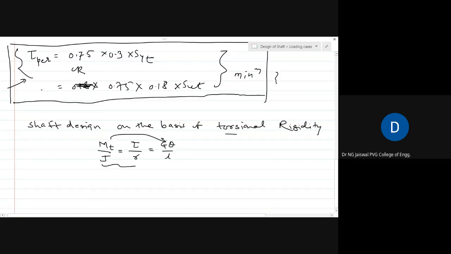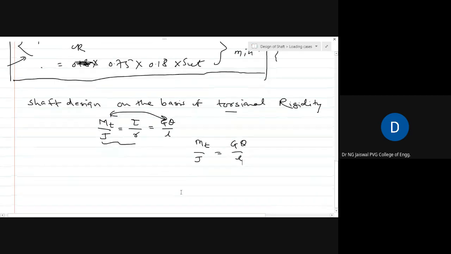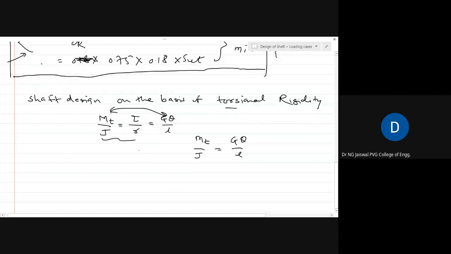If I now take the first and the last terms, Mt by J is equal to G theta by L. If I want to get theta from this, theta is equal to Mt into L divided by J into G.